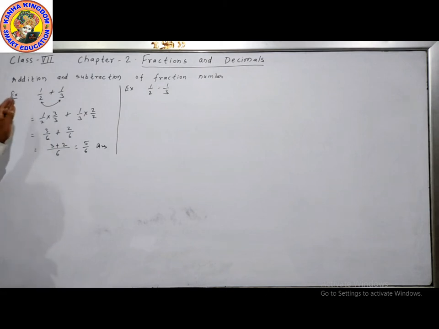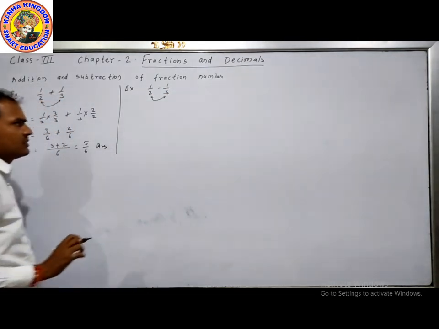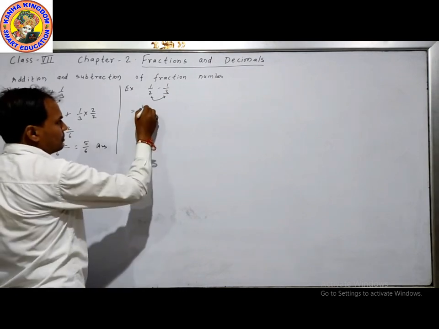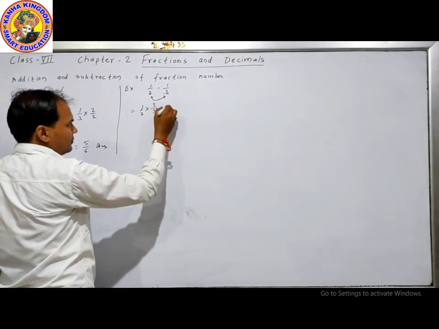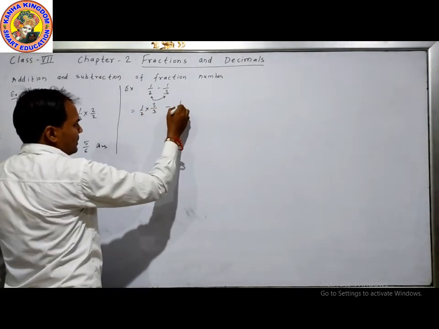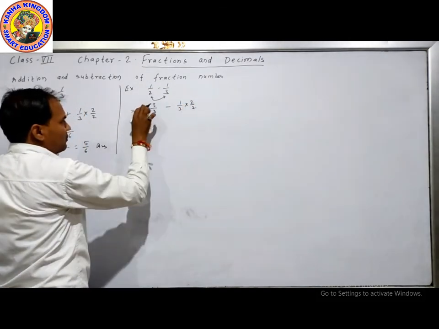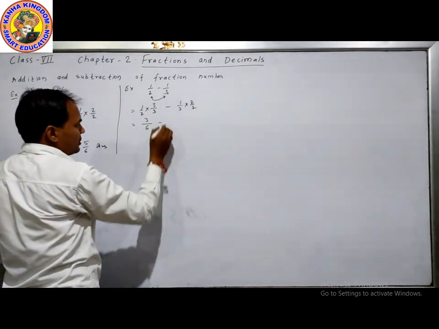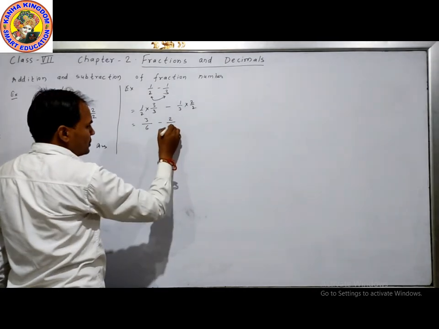As we do in addition, also in subtraction, we will make the same denominator. So 1 by 2 will be multiplied by 3 and 3, minus 1 by 3, 1 by 3 will be multiplied by 2 and 2. 1 into 3, 3, 2 into 3, 6, minus 1 into 2, 2, 3 into 2, 6.